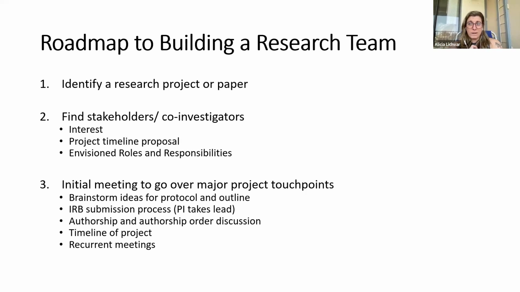So I always send an introductory email of like, hey, this is my project. Sometimes if I'm really stretched for time, you get a very half thought out text. It's like, what about this? Interested? Followed up by a more formal email that talks about timeline and what I envision that collaborator's roles and responsibilities are, and where I see them and why I think they fit into the team.